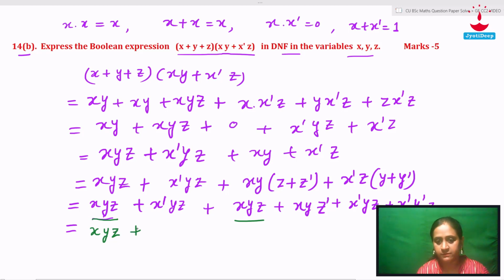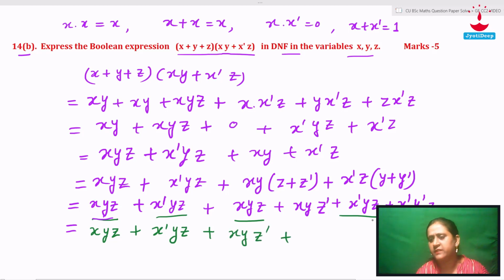Plus x dash yz, x dash yz, again we will write x dash yz. Plus xyz dash plus x dash y dash z.